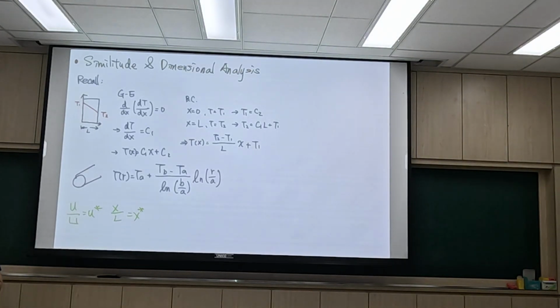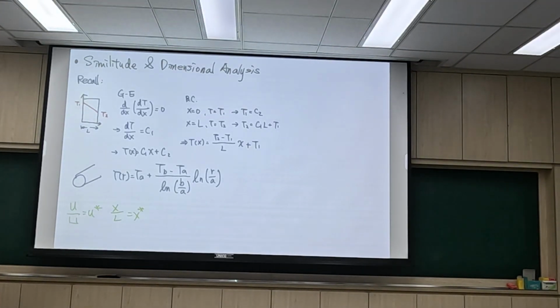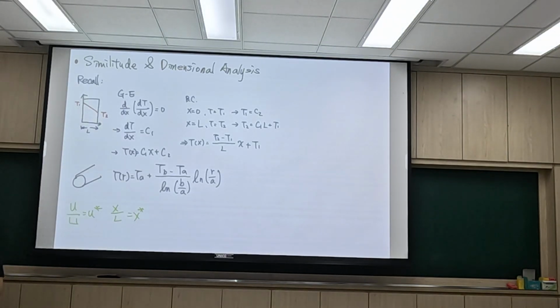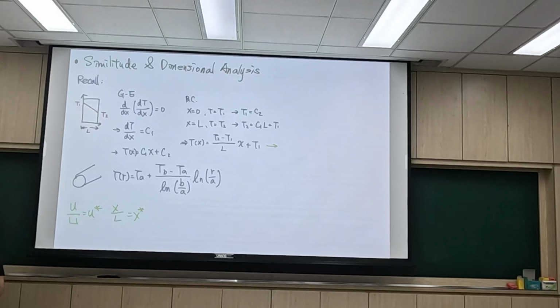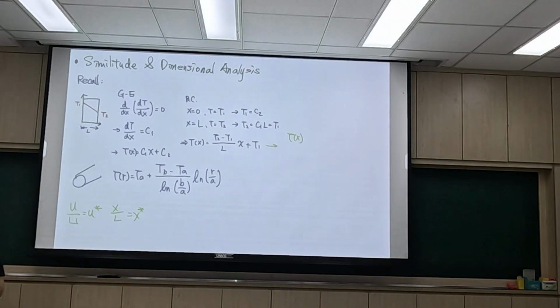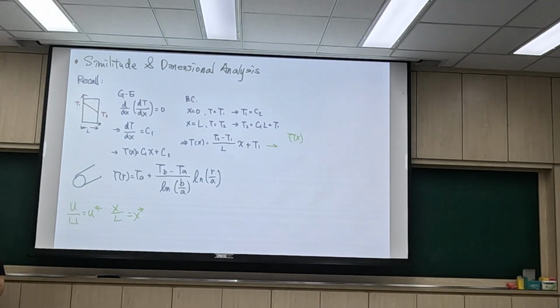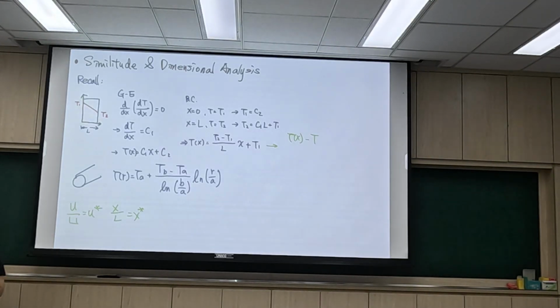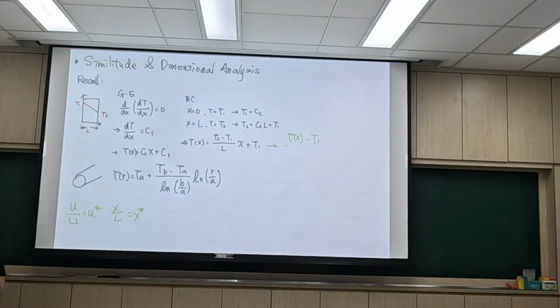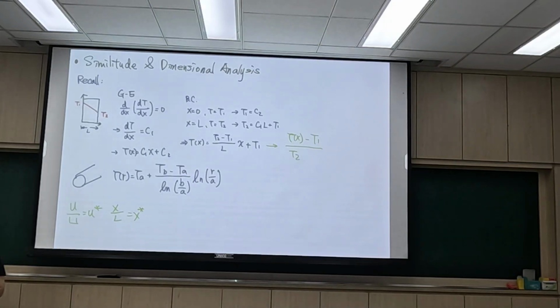Okay, in the constant coordinate, if we want to write this equation in dimensionless form, it should be quite easy. The dimensionless form will be the temperature you want to know minus the temperature at one side of the wall, divided by the temperature difference.